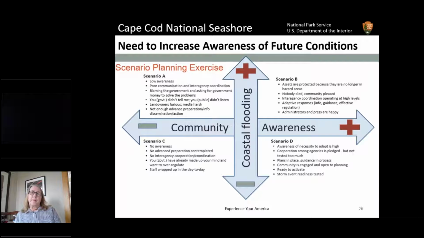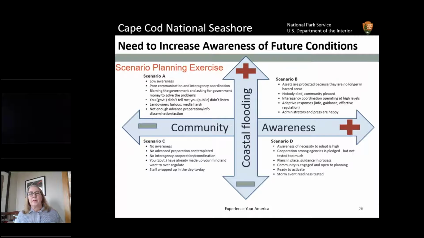Well, there was a climate adaptation workshop in 2018 that was hosted by Schoodic Institute at Acadia National Park. It brought a team of us together with several town conservation agents. In examining how to improve community awareness, we undertook this scenario planning exercise. It was really helpful to look at all of the aspects of issues that needed to be articulated to the public about readiness.